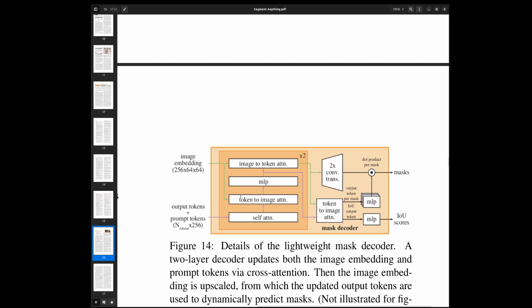Then the tokens attend to the image. Then they go through the multi-layer perceptron block, and then the image embeddings can attend to the tokens. To be more precise, the image embedding tokens can attend to the prompt tokens.